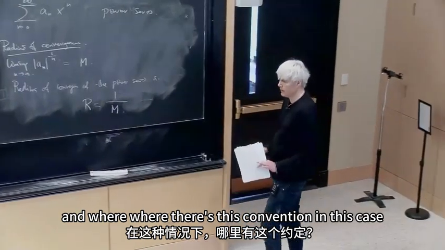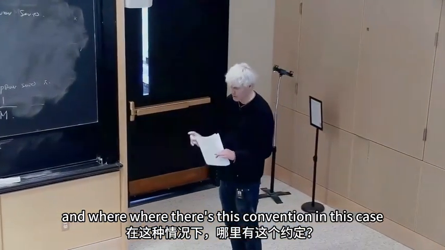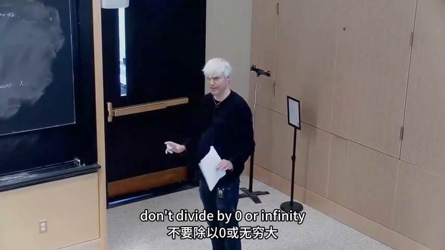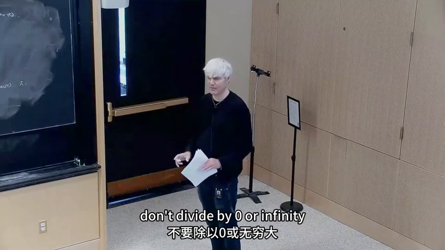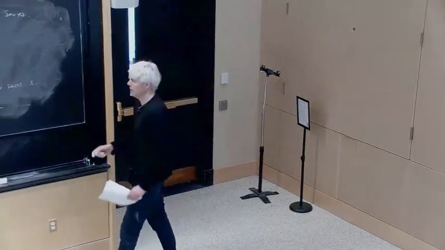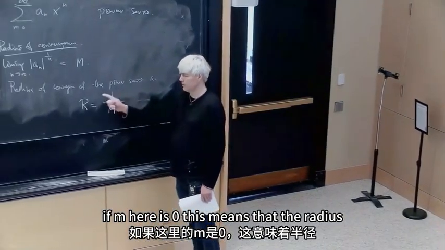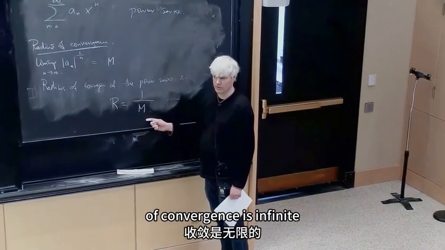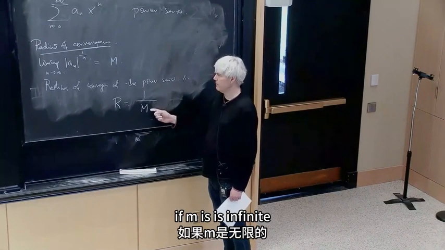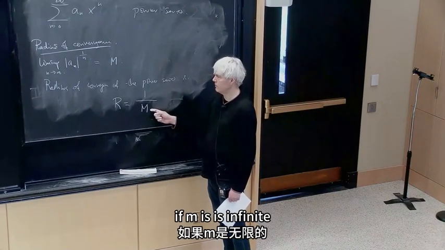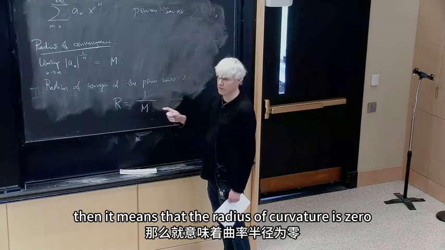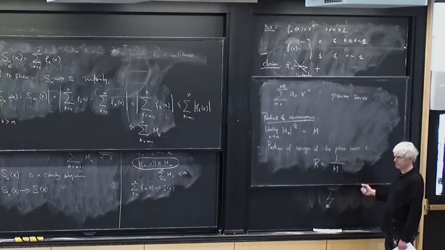There's this convention: usually you don't divide by 0 or infinity, but in this case, if m here is 0, this means that the radius of convergence is infinite. If m is infinite, then it means that the radius of convergence is 0.